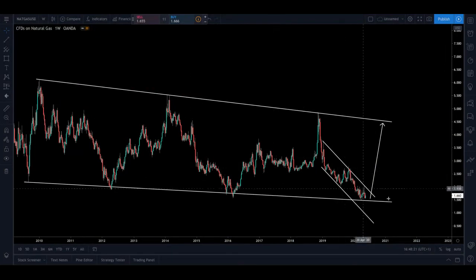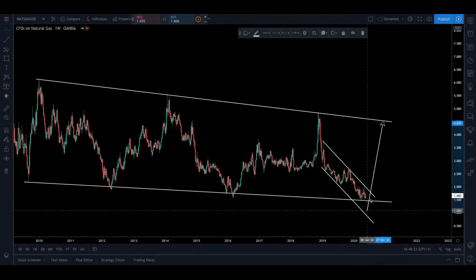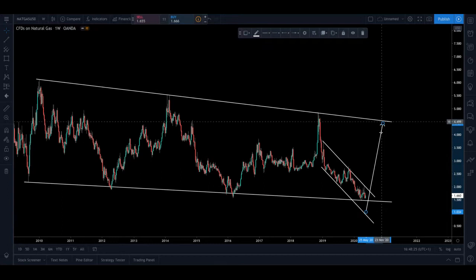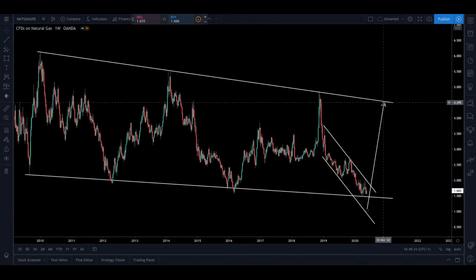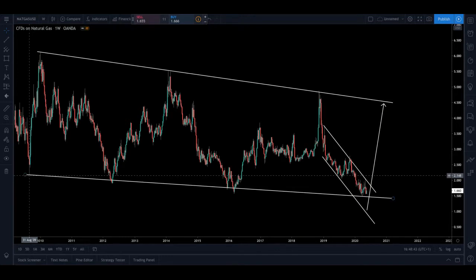Even if it did break and it did end up touching this channel bottom, I wouldn't be surprised, because my idea is that I think natural gas prices will go up to recent highs, since we're at a key support level which has been holding since early 2009.